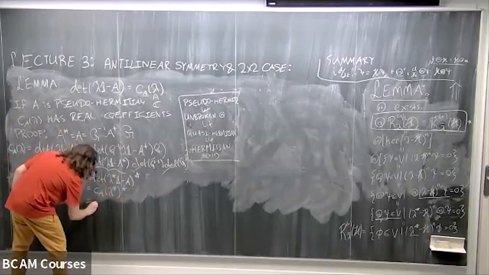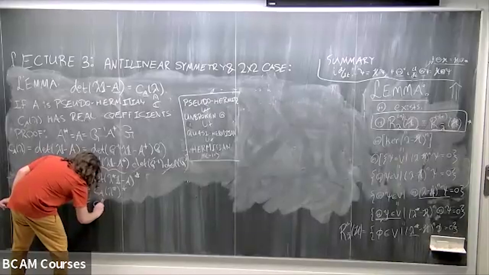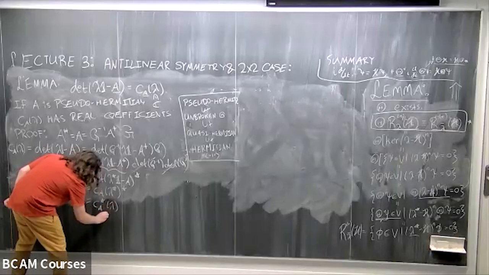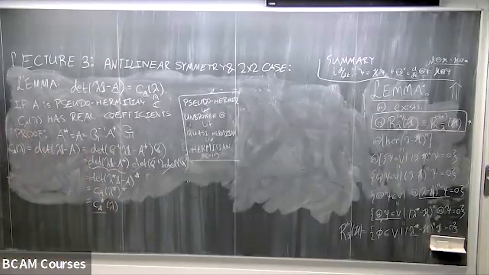So this thing is equivalent to defining the polynomial whose coefficients are all complex conjugates of whatever you started with. And so these are both functions of the same variable, therefore the coefficients have to be the same. So therefore the coefficients of this C_A must be real. That proves the lemma.